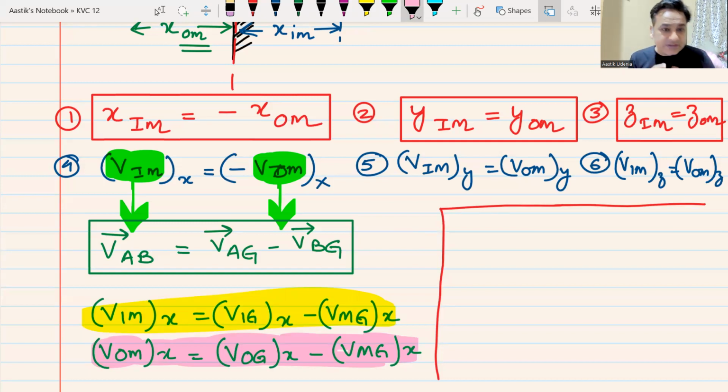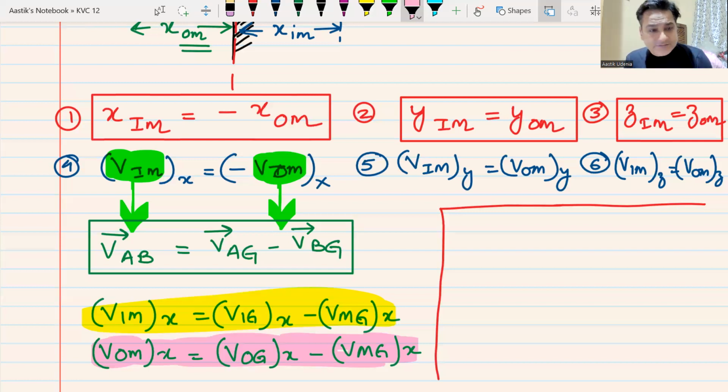You will get the result in terms of the velocity of image and object with respect to ground and velocity of mirror with respect to ground. I'll give this small task for you in a minute for you to do this. I can do this on the board, but I want you to do this so that you gain confidence that you can do a question in the exam.